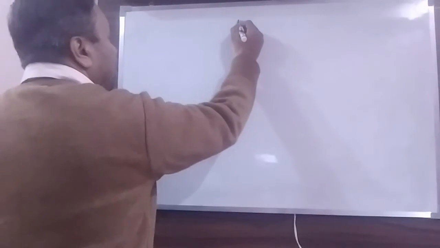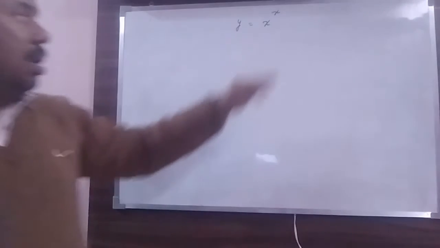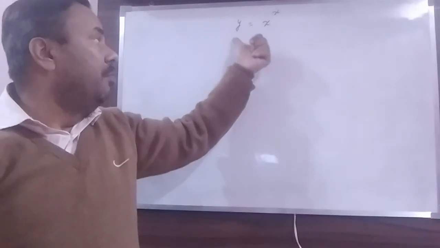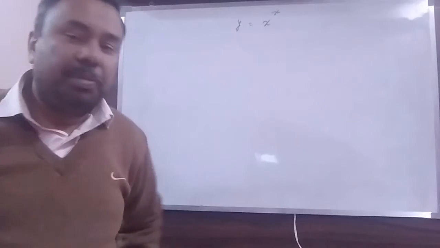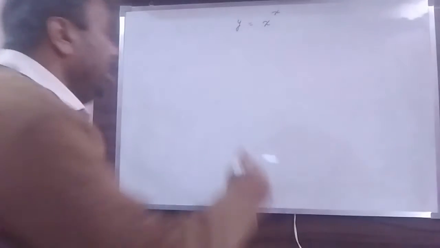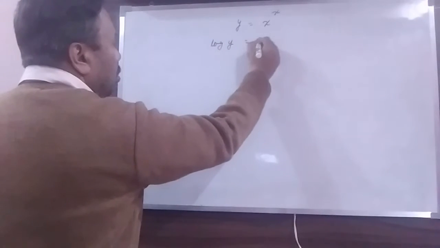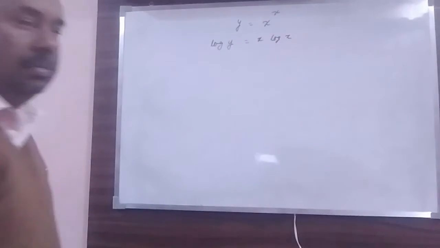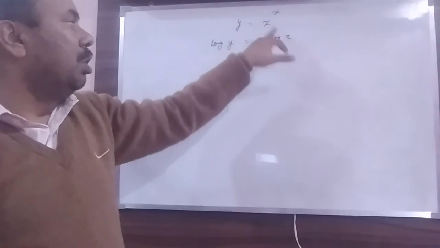Suppose that I have been given that y is equal to x raised to the power x. Now see, this is one function, this is another function. So directly differentiation is not possible. So I will take the help of logarithms. If I take logs, it will become log y equal to x log x. This x will come there, and then there will be the logarithm of x.